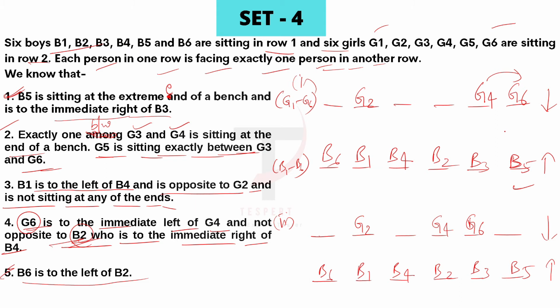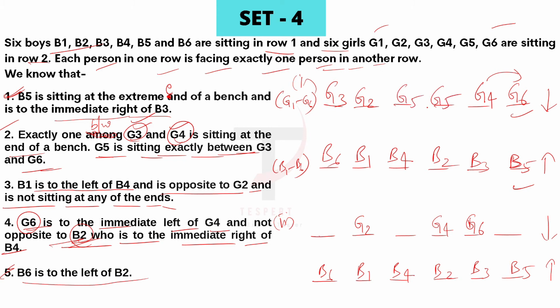So in the first case, G6 is at one of the extreme ends, so the other extreme end must be G3, right? G4 is already filled, so the remaining case between G3 and G4 is only G3, so G3 must be towards the extreme end, and G5 is sitting exactly between G3 and G6, which means I have to place G5 either here or here.